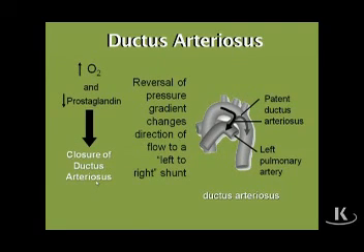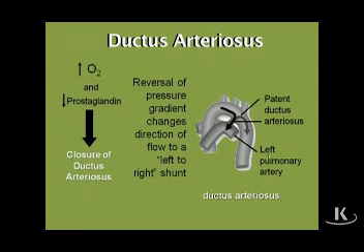But let's think about the flip side of that, the reverse of that. If we think back for a moment to what we talked about when we talked about transposition of the great arteries, we said we needed an explanation for why these babies were alive. And we said the explanation was that there were other defects, mixing defects, that were helping to keep the baby alive. That's why the baby was alive, because there was mixing of blood through these defects.